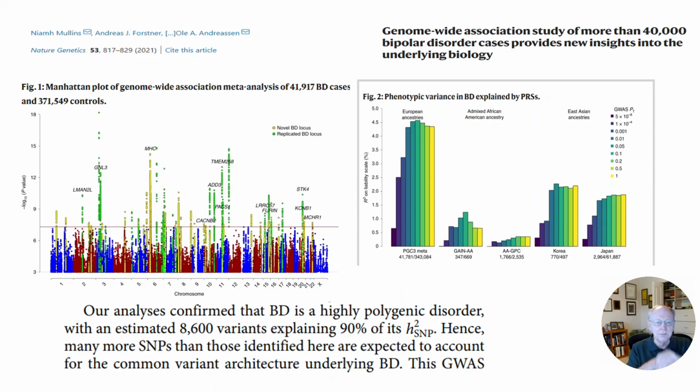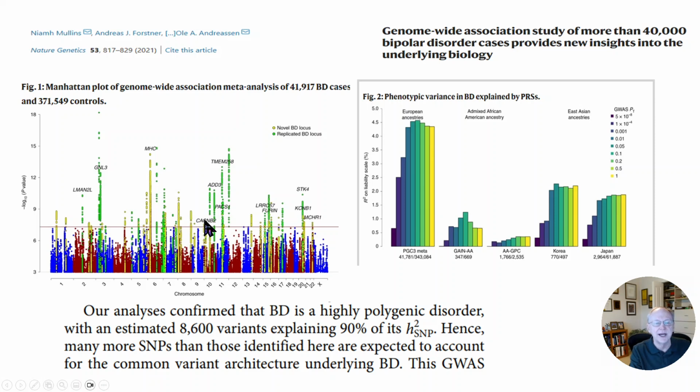So this was the major bipolar GWAS, and they predicted that there will be over 8,000 variants from GWASs that are related to bipolar disorder. Here are some they've found so far.